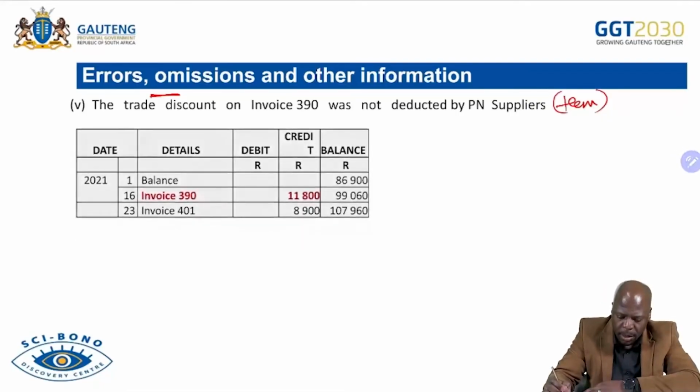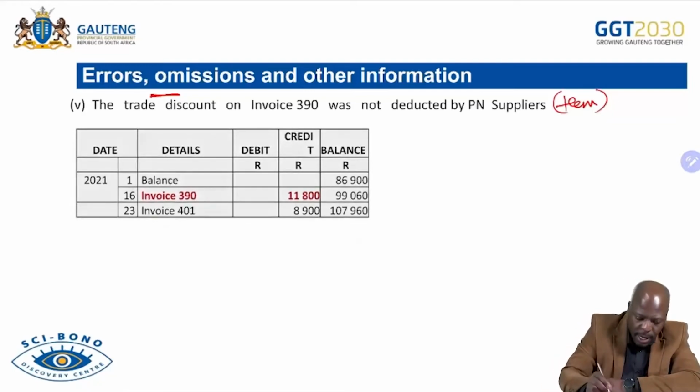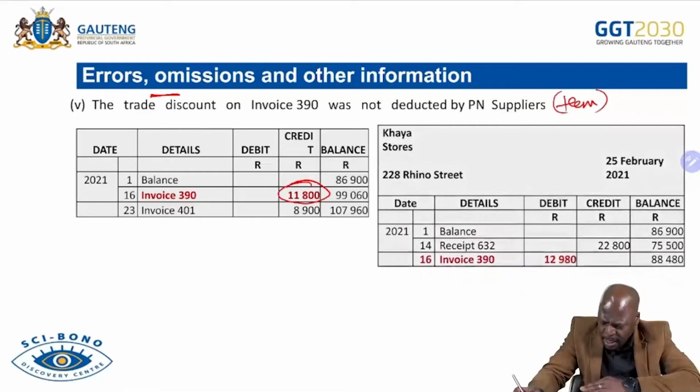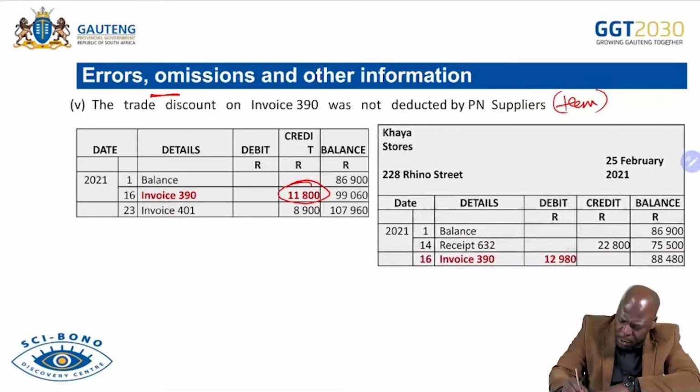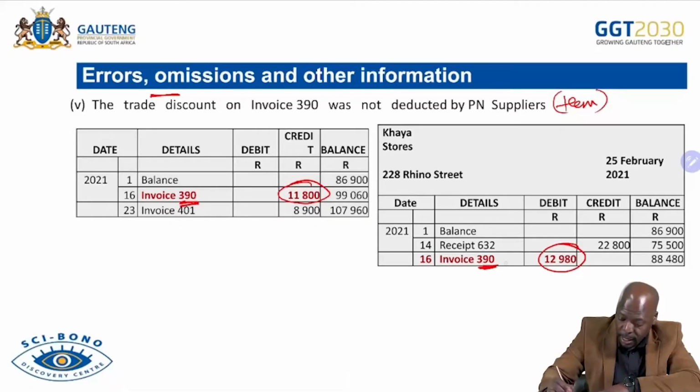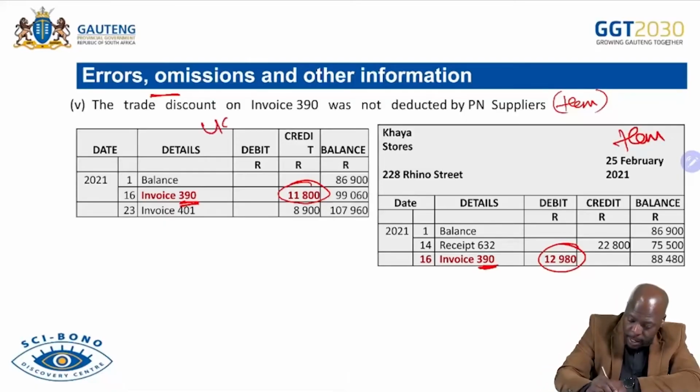Let's see. This is in our ledger. Okay, there's invoice and the amount is 11,800. This is in our ledger. All right, and here is the statement. The statement is showing invoice and it's 12,980. The statement is saying on number 5, the trade discount on invoice 390, which is 390 here, remember 390, was not deducted by them. Here is them. Here is us.